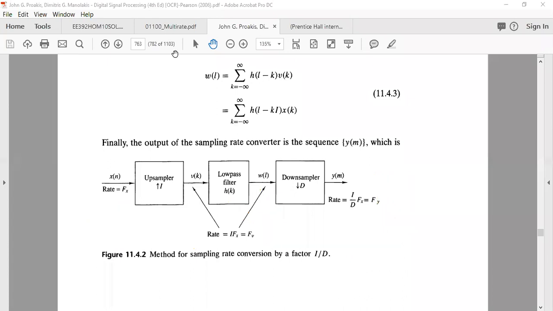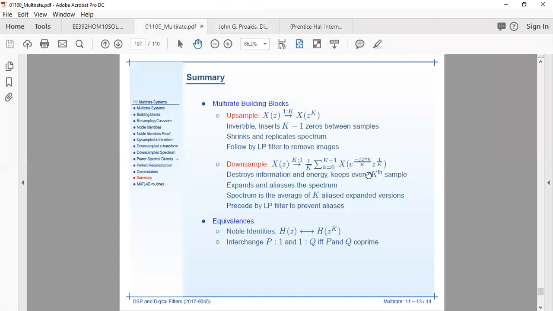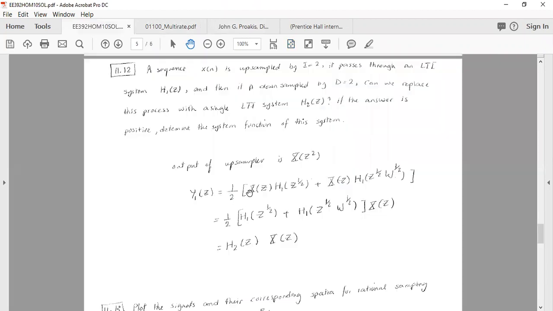In this case, instead of x of z, we'll be using x of z to the power of 2 multiplied by h1 of z, and that will be passed through a downsampling block, and the output will be defined by this property. So our y of z could be represented as half into x of z to the power of half times h1 of z to the power of half, plus the same term with omega to the power of half, whole thing multiplied by half.